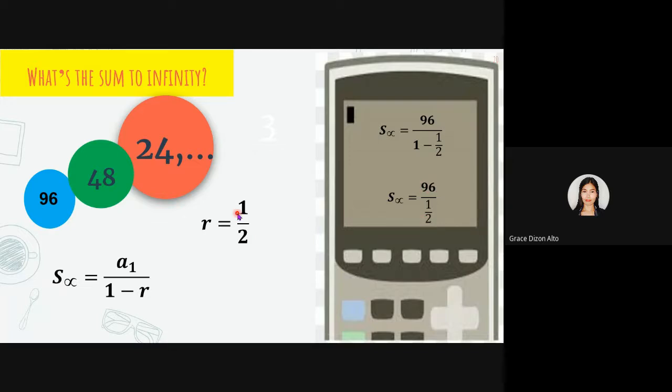Same as in example number 1, we take the reciprocal, 1 over 2. So that will become 96 times 2 over 1, which is equivalent to 96 times 2, that is 192.